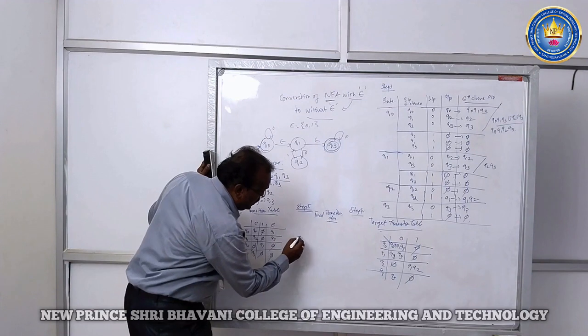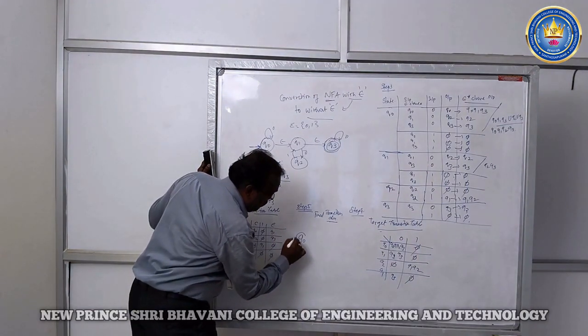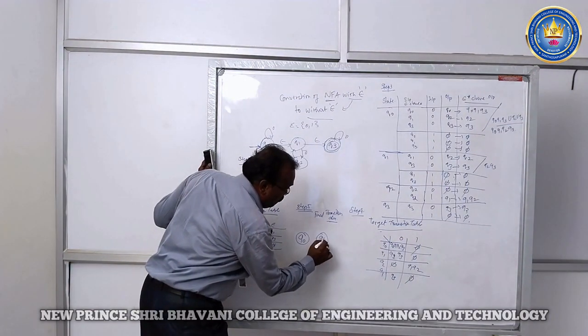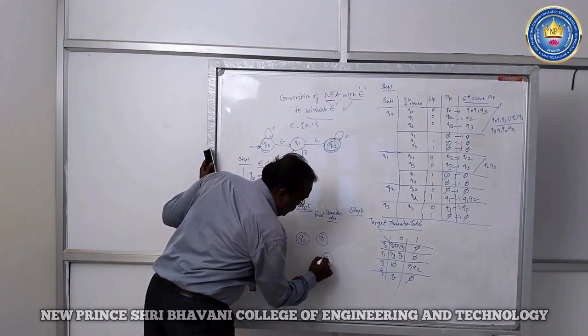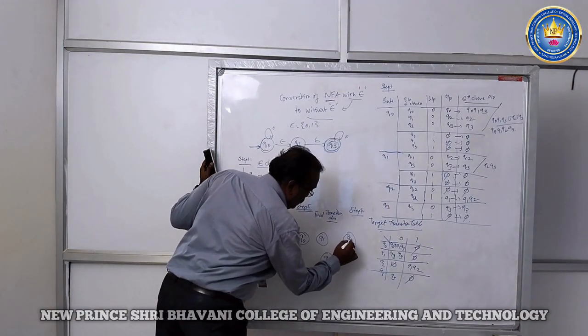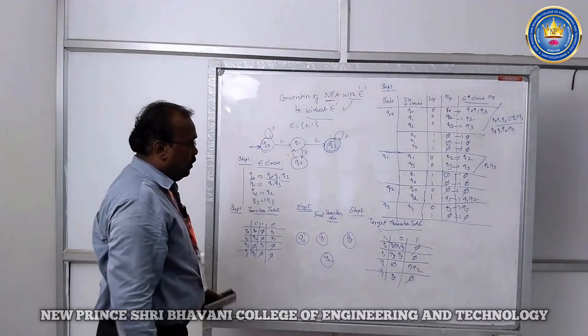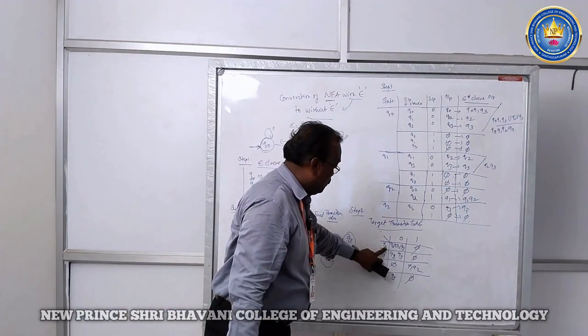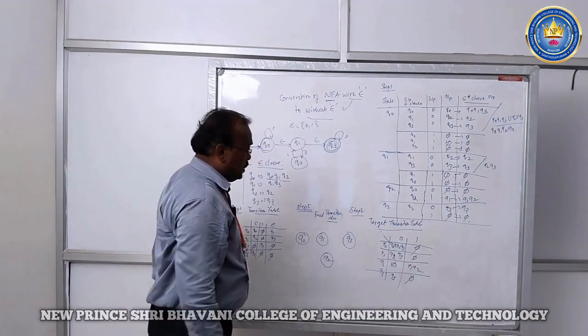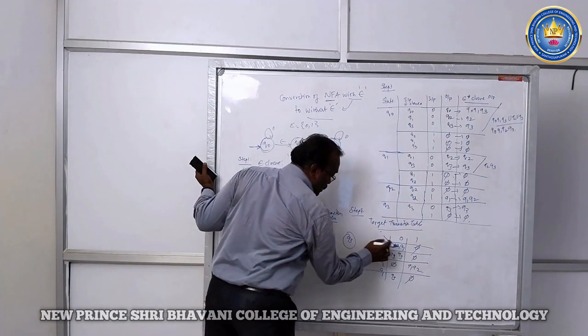Now how many states are there? Same thing: Q0, Q1, Q2 and Q3. For Q0, if you are applying 0 as an input, where does it go?